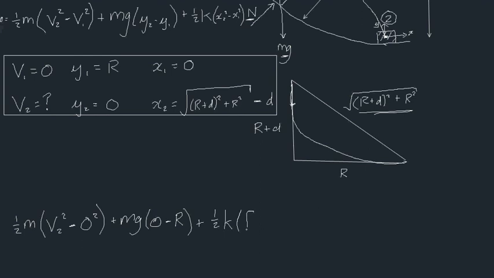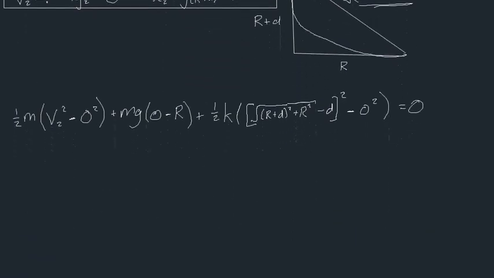What's x2 squared? Well, there's no easy way to simplify it, but it'll just be the square root of (r plus d) squared plus r squared, minus d, and that's going to be squared, minus x1 squared, and x1 is 0, so that's just going to be 0 squared, equal to 0, right?